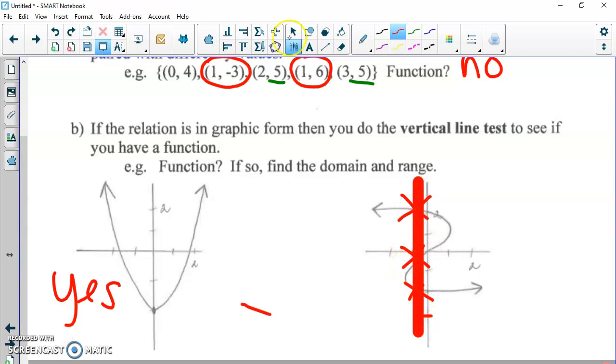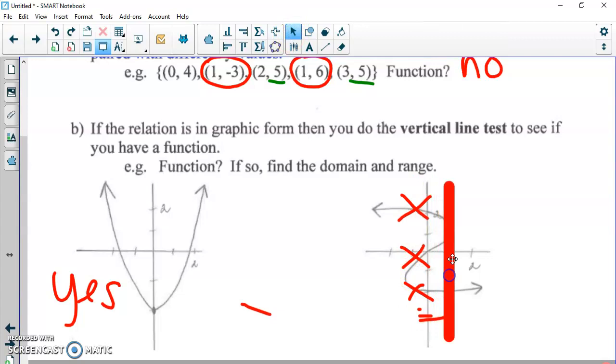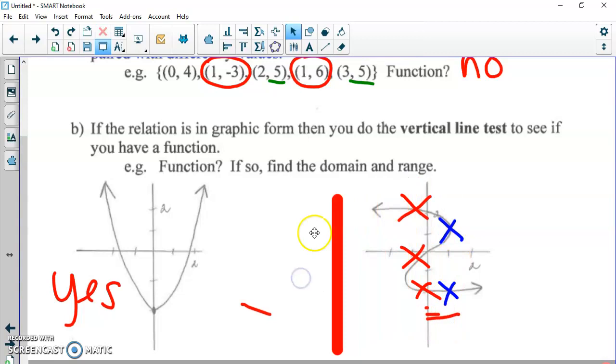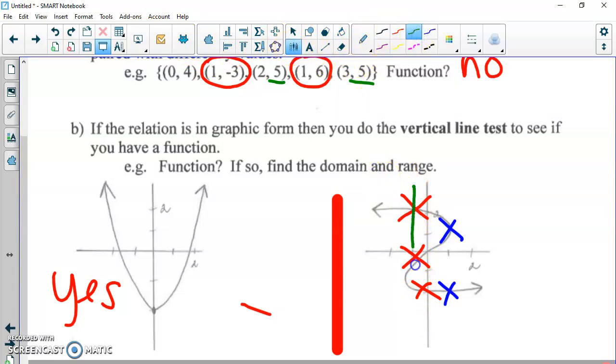So even if you move this one over here, and it intersects twice in blue, here and here. So only in one spot, doesn't need to be twice, but here, the red 3, it does not pass our vertical line test. Here or here, so this one would be no.